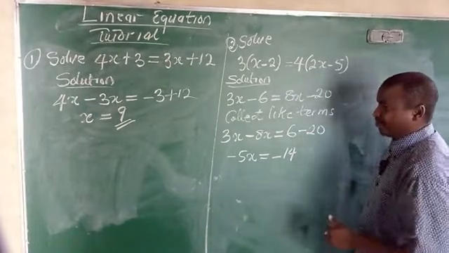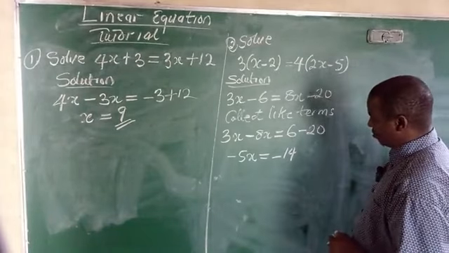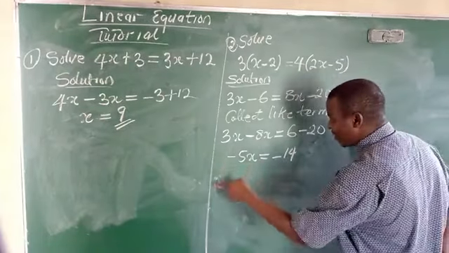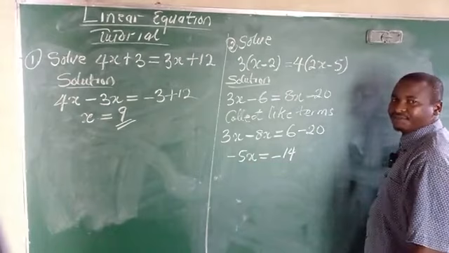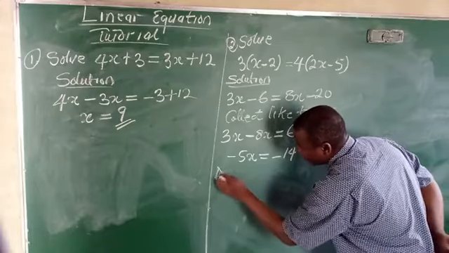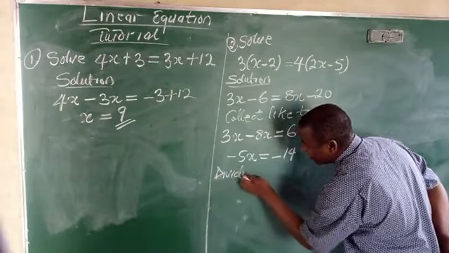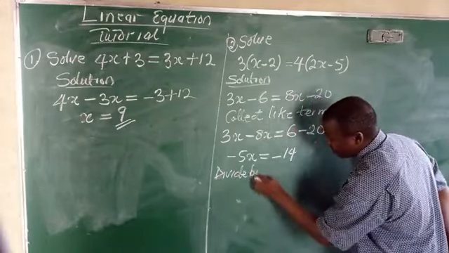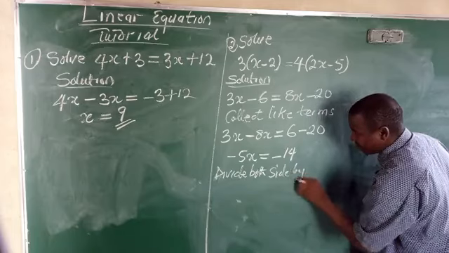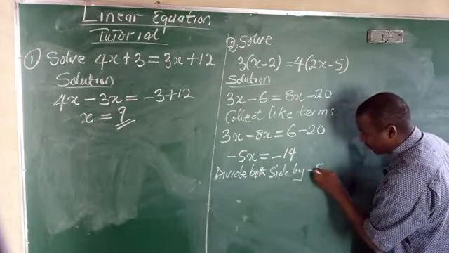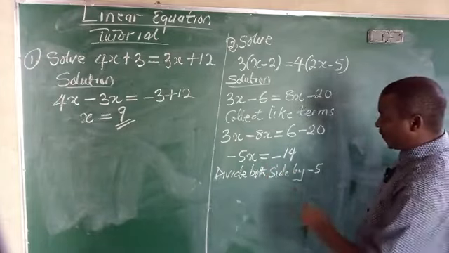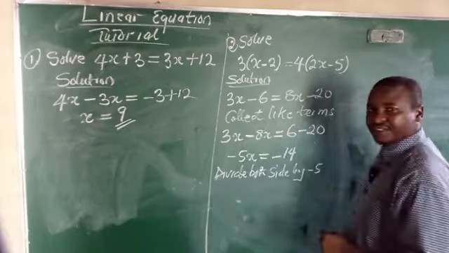Then what next? We can decide to say that this minus cancels this minus. But notwithstanding, we can divide both sides by minus 5, because we are looking for the value of x.